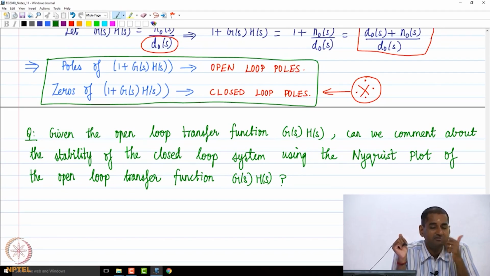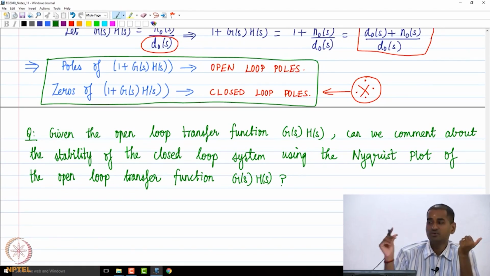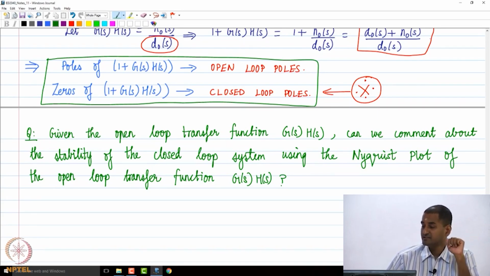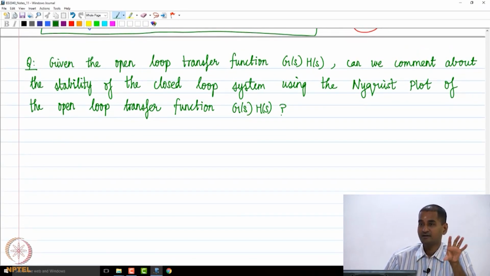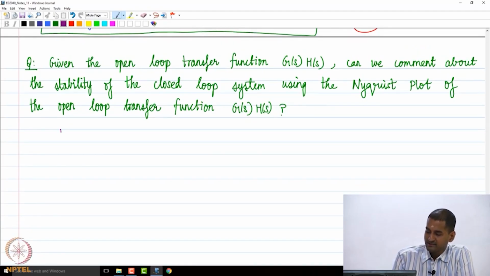Of course, the answer is yes. That is why we have the Nyquist stability criteria. The general result on which this stability criteria rests is what is called the mapping theorem. In complex algebra, there is something called a mapping theorem.